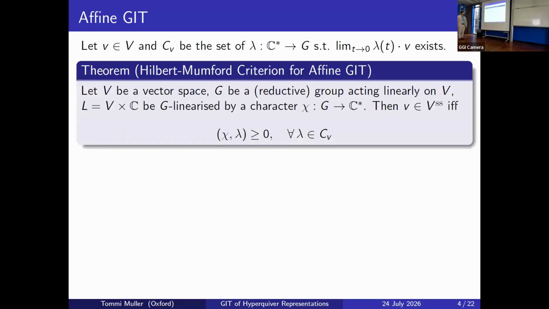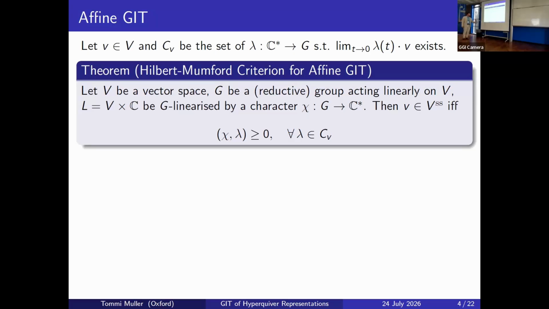Then we have this well-known criterion for determining when a point is semi-stable. In the affine GIT case, if L is linearized by a character chi, then a point is semi-stable if and only if the pairing of chi with lambda is positive, over all lambda for which the limit exists when it acts on v.